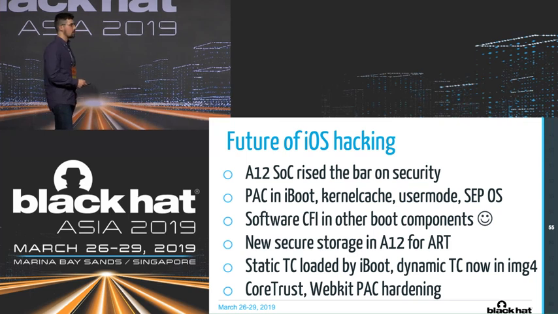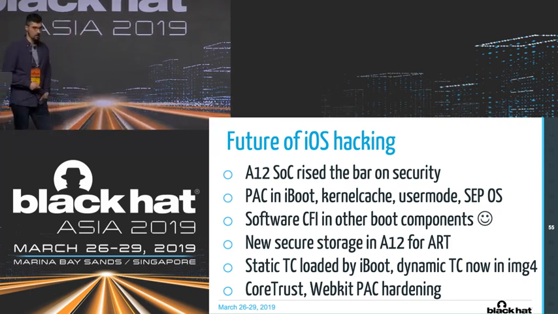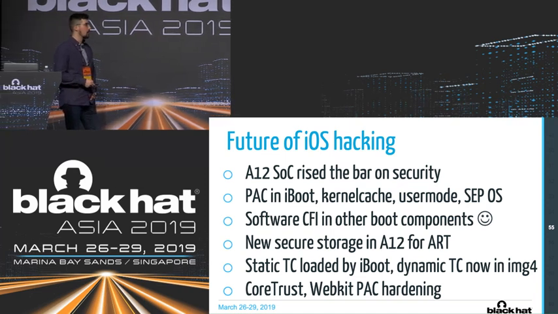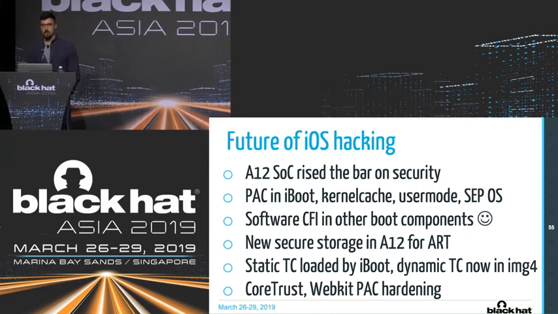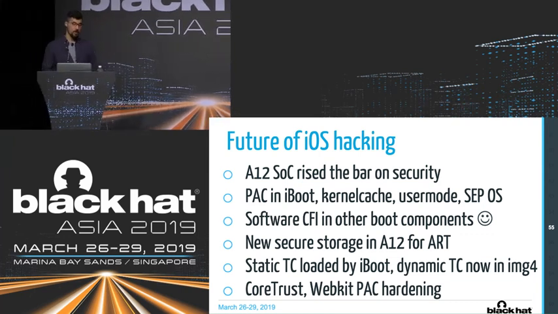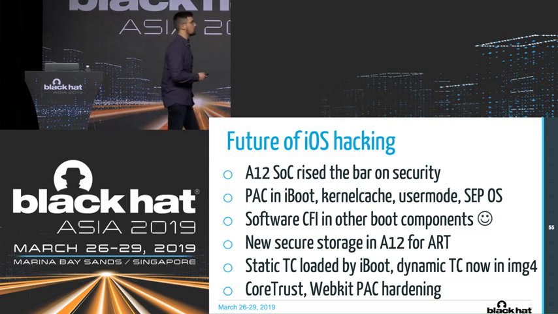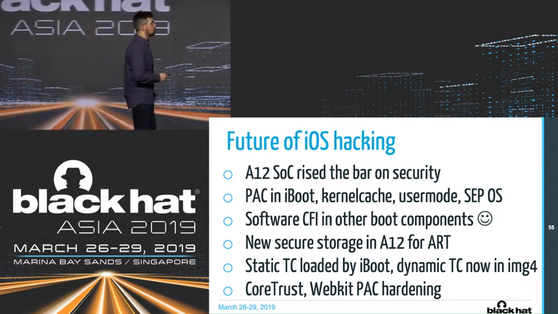The dynamic trust cache is now moved to the IMG4 container, so they dropped IMG3 container types completely. They made some refactoring on the way the kernel performs the code signature check by introducing CoreTrust. And finally, even in WebKit, there is some hardening, including usage of pointer authentication codes. So yeah, A12 jailbreaking may be a tricky one now.